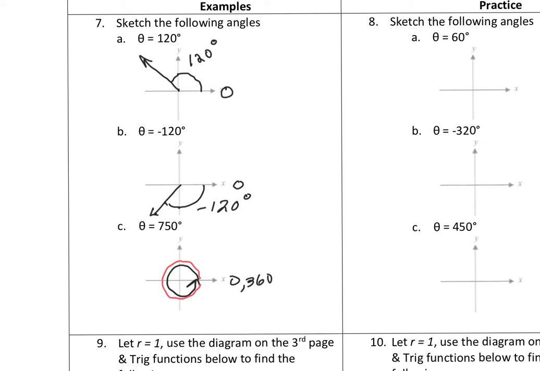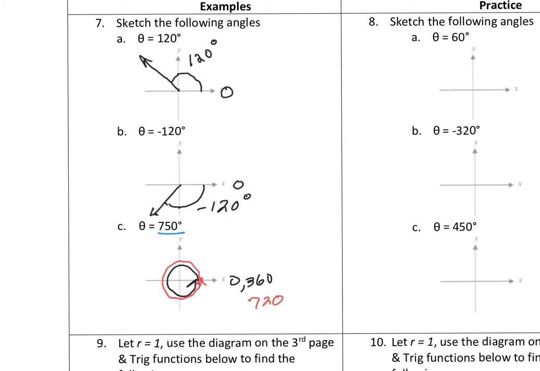I've added another 360, so now I'm at 720. So from there, what is 750? This number, 750 minus that 720 right here.